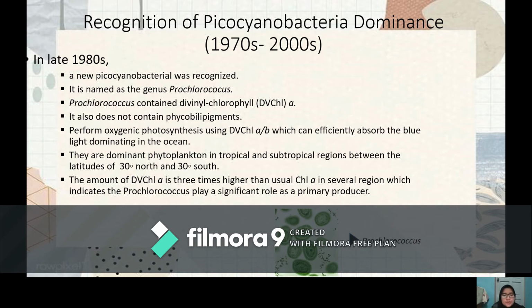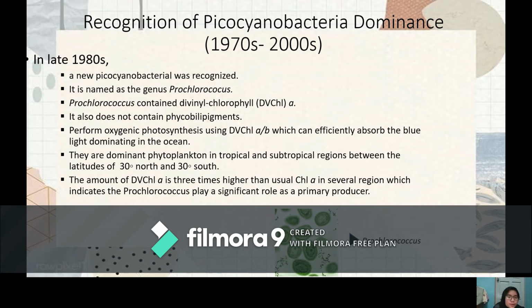This Prochlorococcus performs oxygenic photosynthesis using DV-Chl a/b, which can efficiently absorb the blue light dominating in the ocean. It is the dominant phytoplankton in tropical and subtropical regions between the latitudes of 30 degrees north and 30 degrees south. At several regions, the amount of DV-Chl a is 3 times higher than chlorophyll a.